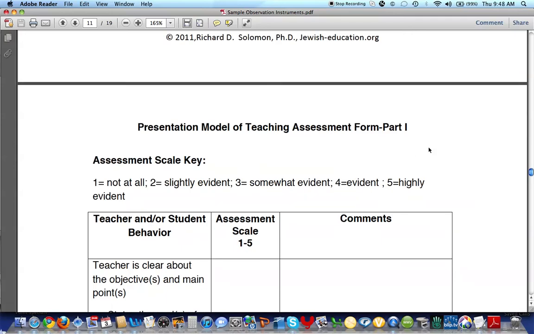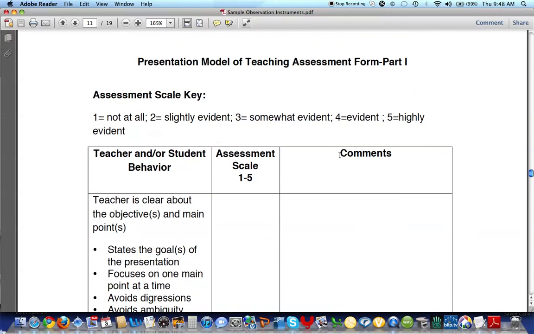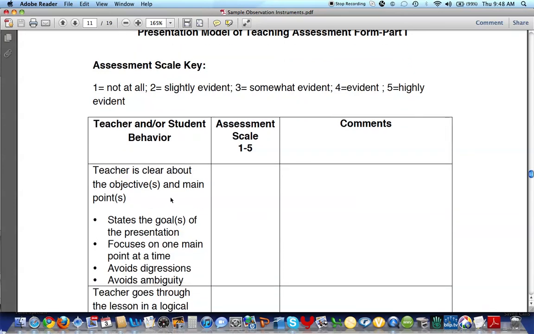Now I have added several additional observation forms relating to the different models of teaching. So this one relates to the presentation model. We have in the first column here what the teacher and the student are supposed to do, and you would create an assessment scale. 1 means not at all observed, slightly evident would be 2, 3 somewhat evident, 4 evident, and 5 highly evident, related to these teacher and student behaviors, and then you would write comments in this particular box.